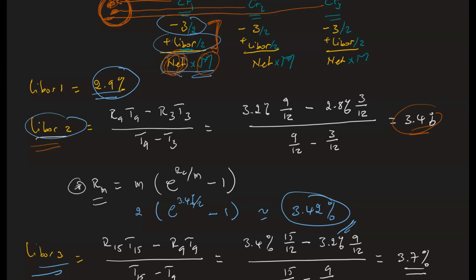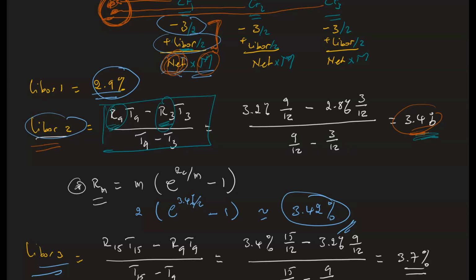However, we remember that these are continuously compounded, because you cannot use this formula if these rates are not continuously compounded. So these are the OIS rate that we use here. This is our zero curve, and that's continuously compounded, which means that this rate that we obtain here is continuously compounded as well.